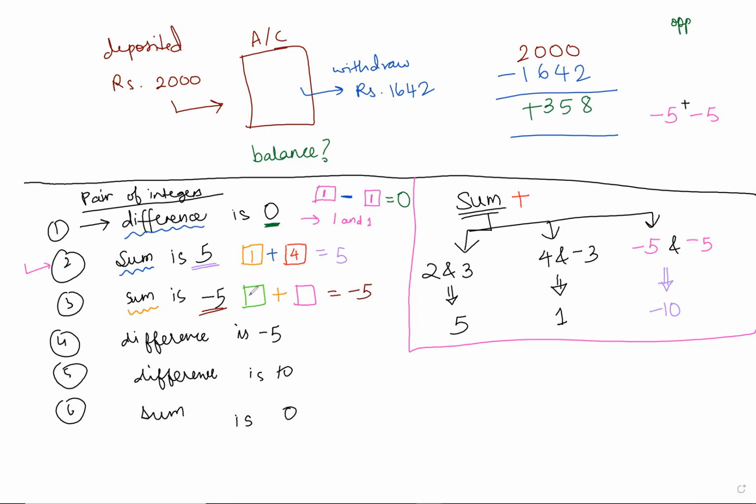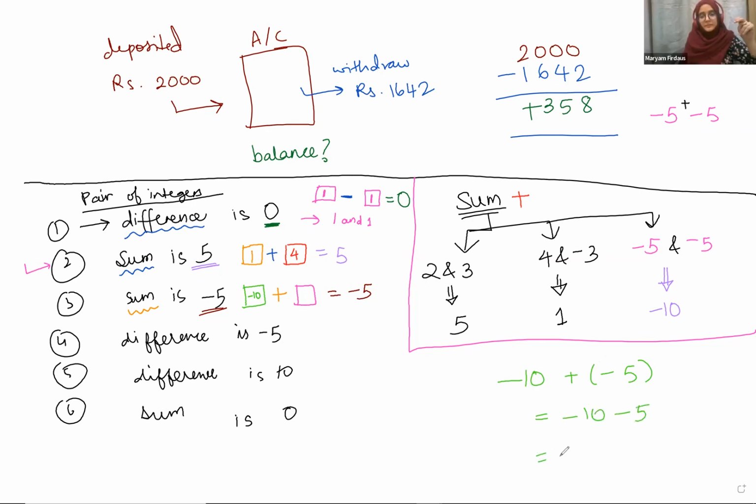Minus 10 plus minus 5. That will be minus 5. Okay, Hiba, if you have minus 10 and then plus minus 5, what does this become? Minus 10 minus 5. And what does that become? Minus 15. So that's not working out, right?